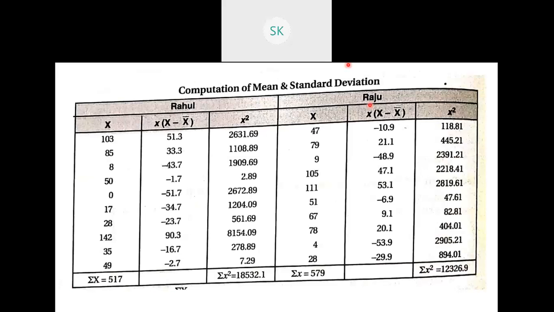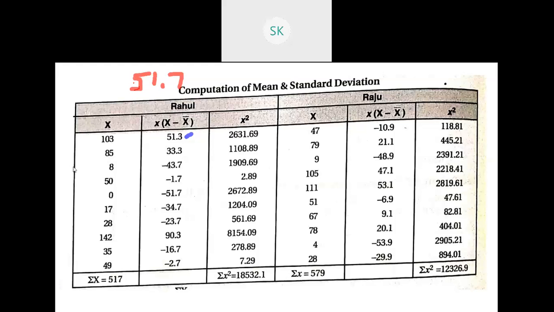So here you will have x minus x bar. 103 minus 51.7 will be the value, and for that you will get 51.3. Again, 85 minus 51.7 will be 33.3.